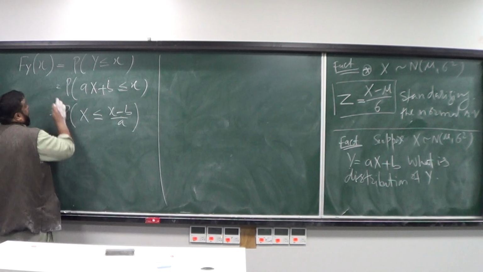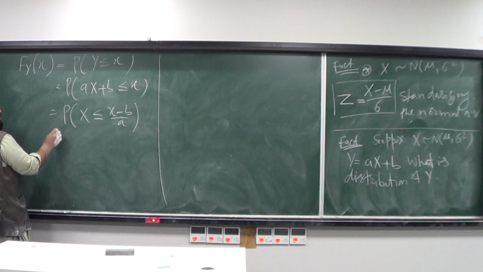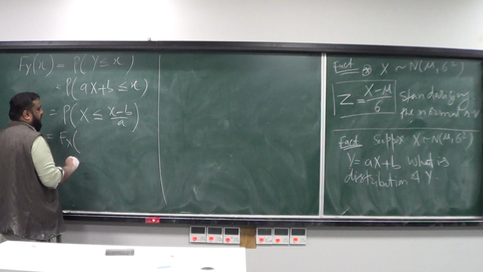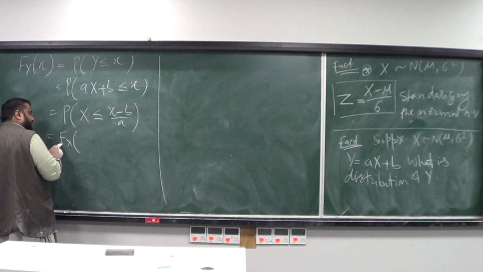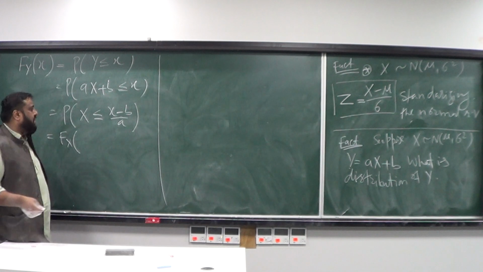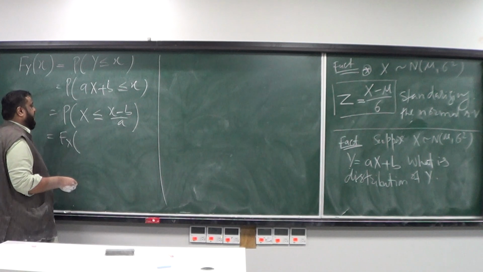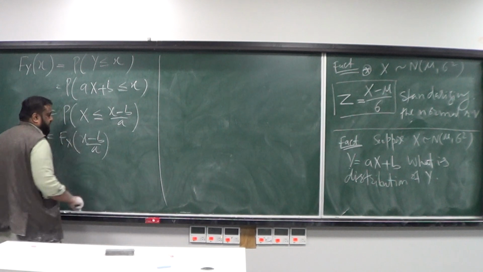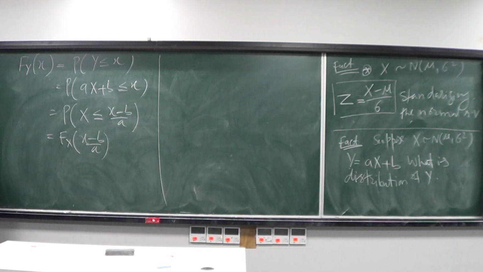And so we wrote this probability in terms of this. And what is this? This is really F_X, the CDF of X, and we know about X actually. X is a standard normally distributed random variable evaluated at (x minus b) upon a. This is what the CDF is going to be.